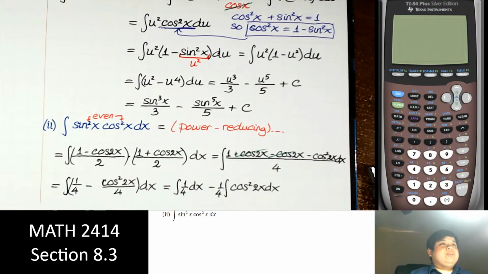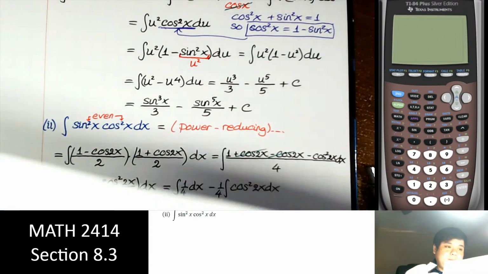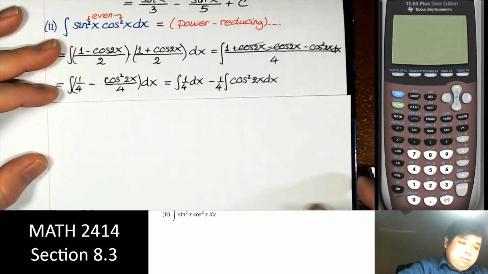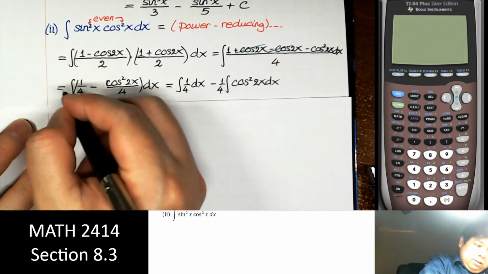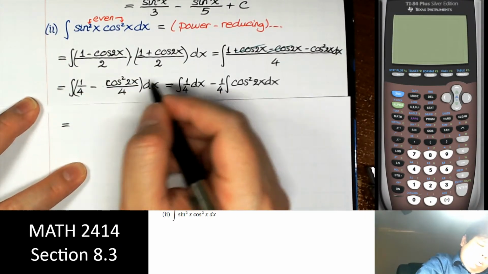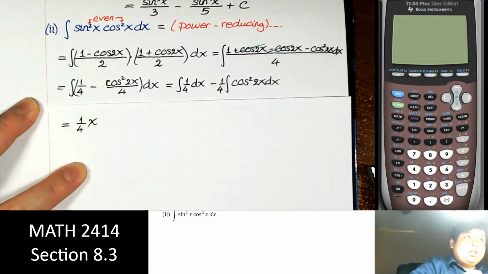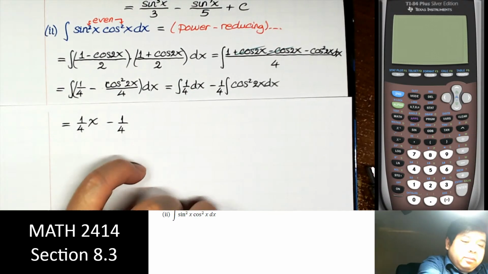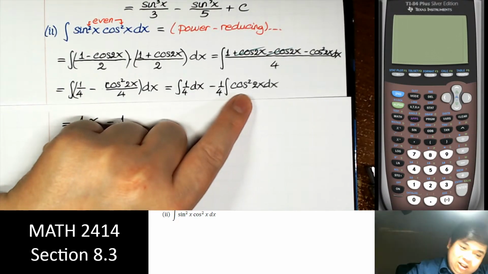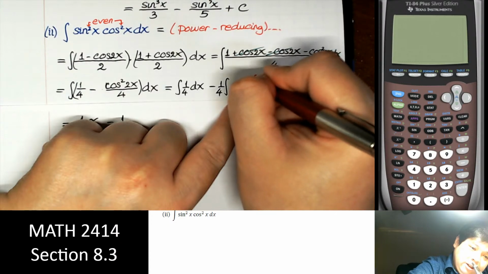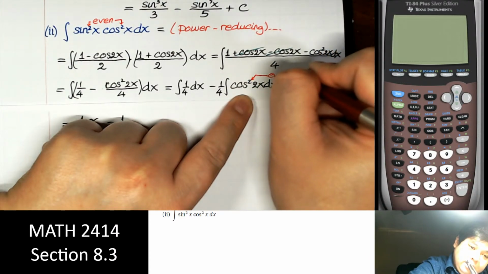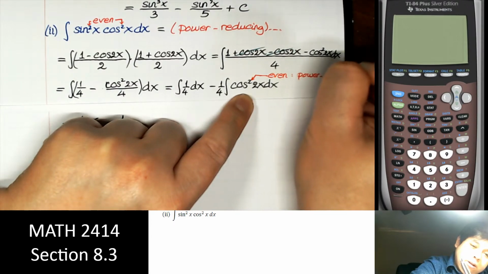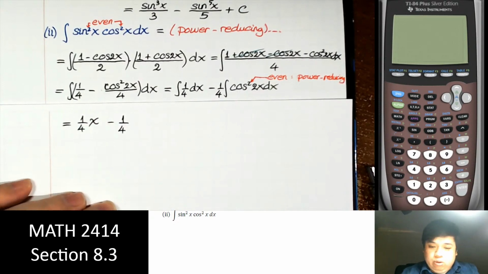Don't forget that. So the integral of 1/4 is 1/4, stick an x to it, and then this one is still an even power, so it's still power reducing. So we still have to use power reducing for that.